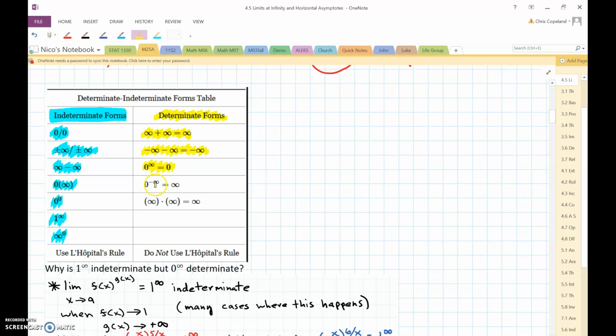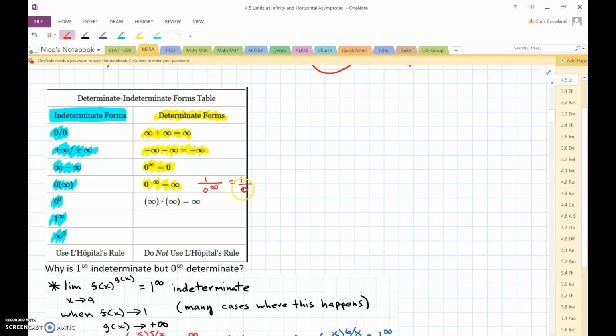If you get 0 to the negative infinity power, that is infinity, because 0 to the negative infinity power would be like 1 over 0 to the infinity power, which we said is 0.